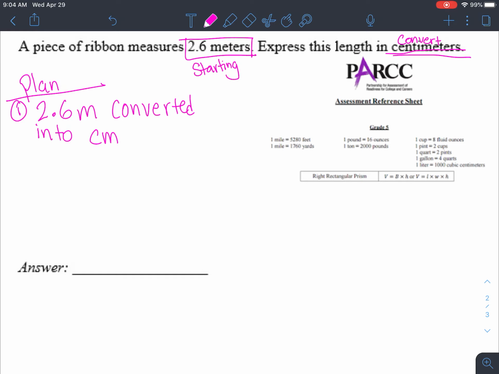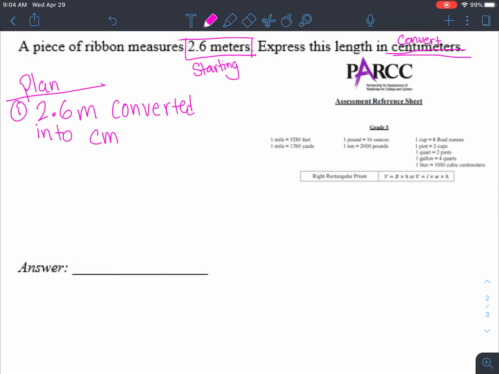Now, I don't know the rule for meters and centimeters off the top of my head, so I'm going to go ahead and look at my reference sheet that's at the corner of my page. Do I see meters or centimeters anywhere? Ooh, I actually don't. I'm wondering why. Oh yeah, because this is a metric conversion problem.